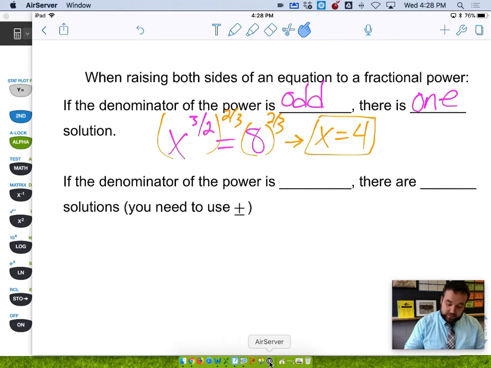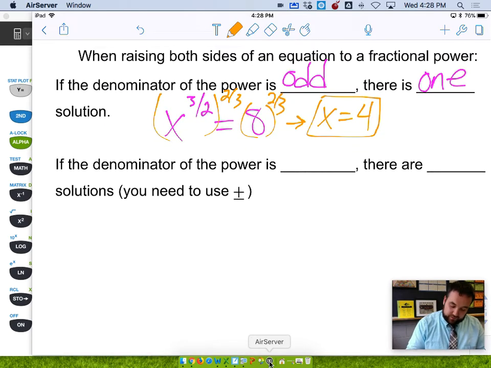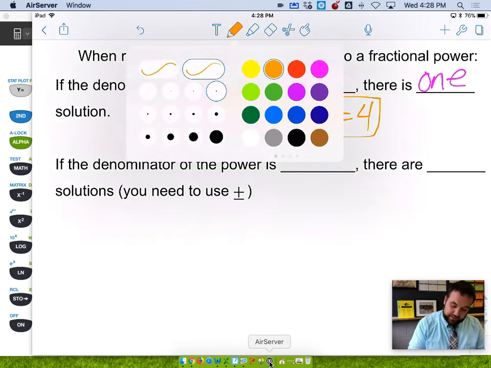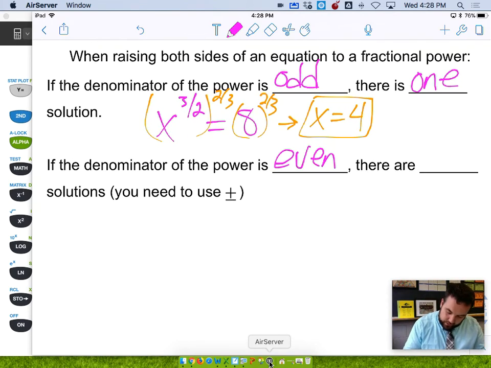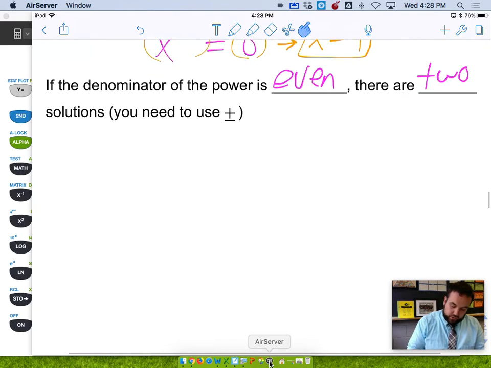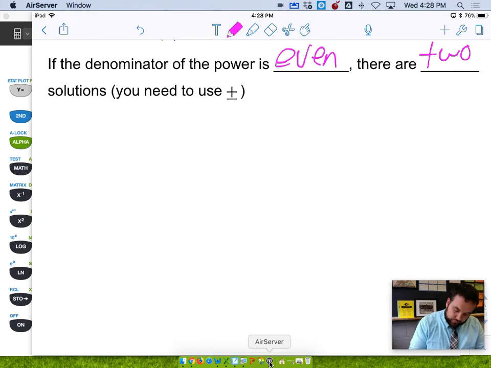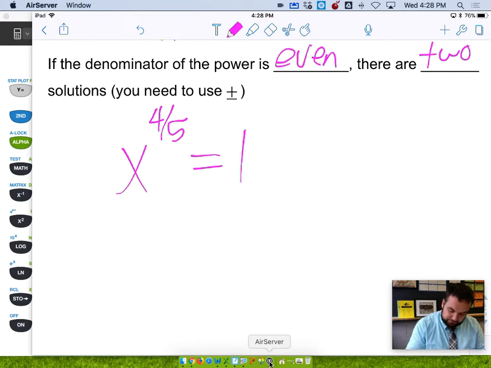On the flip side, if the denominator that you are raising both sides to is even, then there are going to be 2 solutions, and that's where you need to use plus and minus. So again, an example could be x to the 4/5 is equal to, let's say, 16.